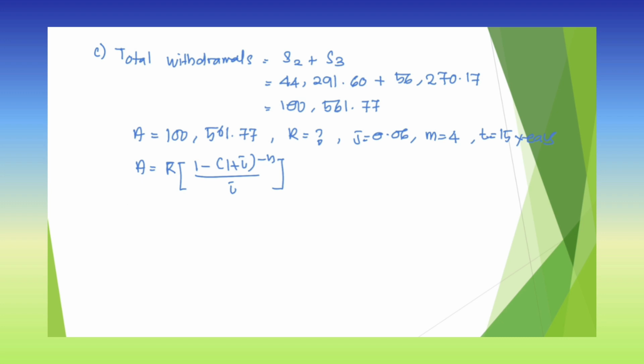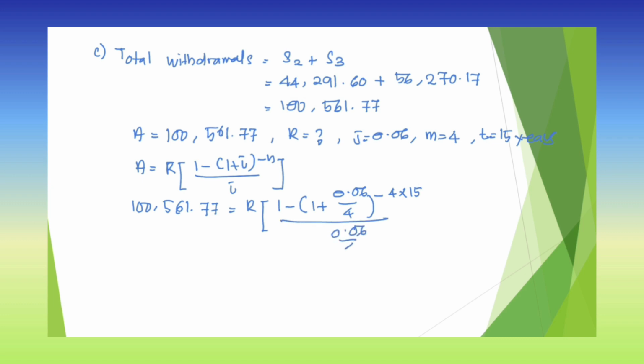Substituting the values, 100,561.77 equal to R(1 minus (1 plus 0.06 over 4) to the power of negative 4 times 15) over 0.06 over 4. Therefore, R equal to RM 2,553.61.